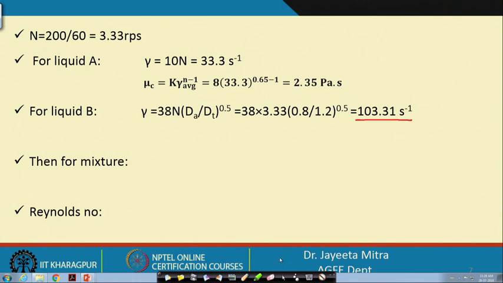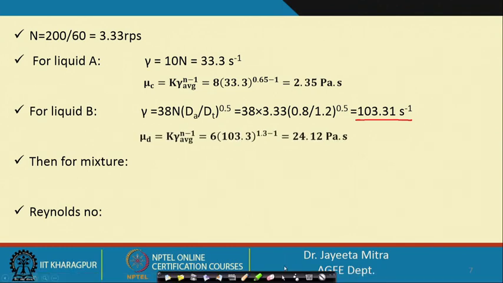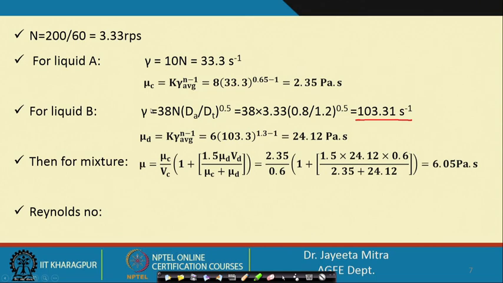Then the apparent viscosity for the mixture we need to calculate. So, the shear rate for liquid B will give you the value of apparent viscosity of the dispersed material. K into gamma average to the power n minus 1. So, this is coming 24.12 Pascal second. For the mixture, the formula is this: mu equal to mu c by V c into 1 plus 1.5 times the dispersed phase viscosity into the volume fraction of the dispersed phase, divided by the viscosity of the continuous as well as the dispersed phase.